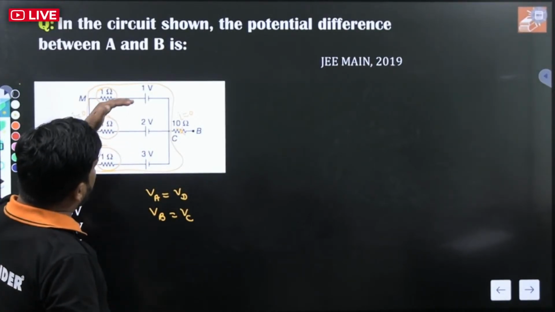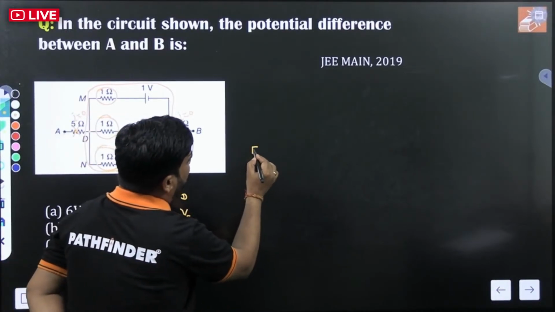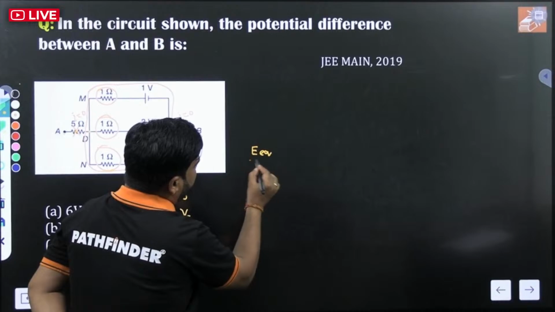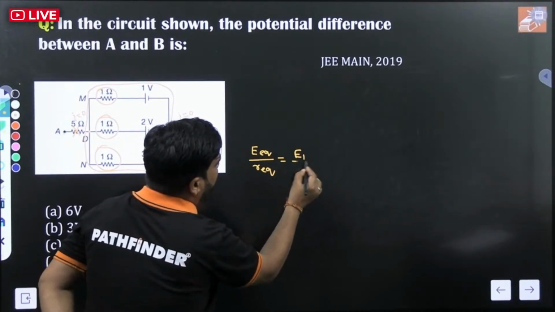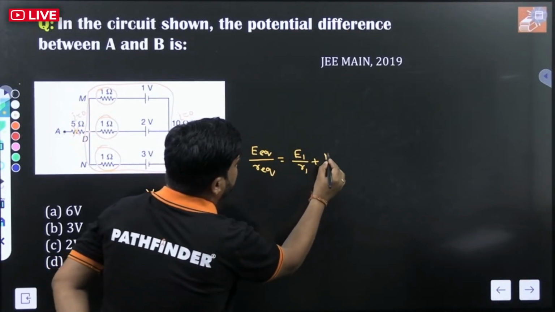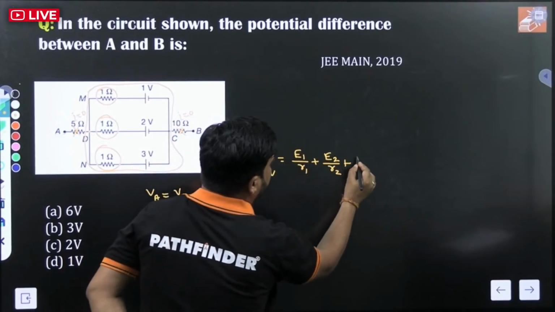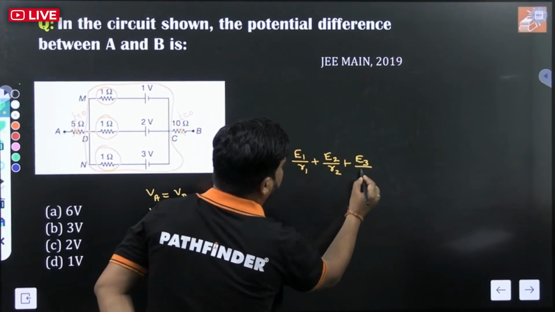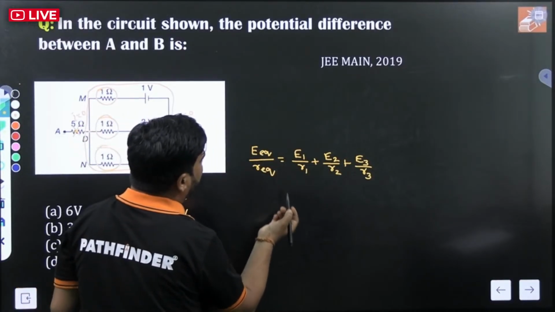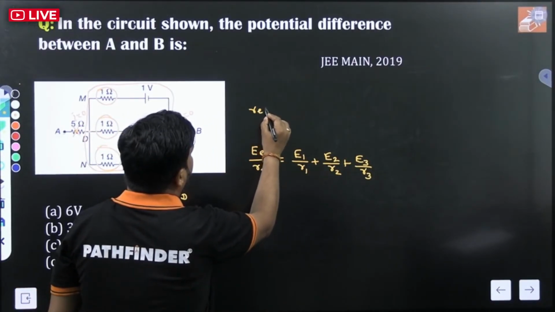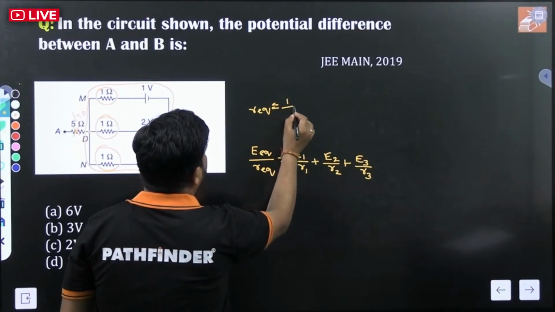When batteries with internal resistance are connected in parallel, you know this formula: E equivalent divided by R equivalent is E1 by R1 plus E2 by R2 plus E3 by R3. Is it clear? Now R equivalent you can calculate easily. What is the value of R equivalent? From here 1, 1, 1, so R equivalent will be equal to 1 by 3.